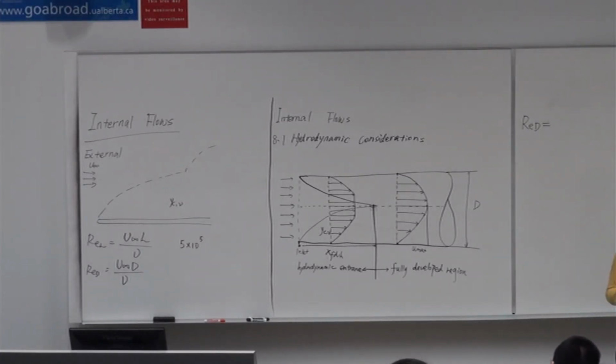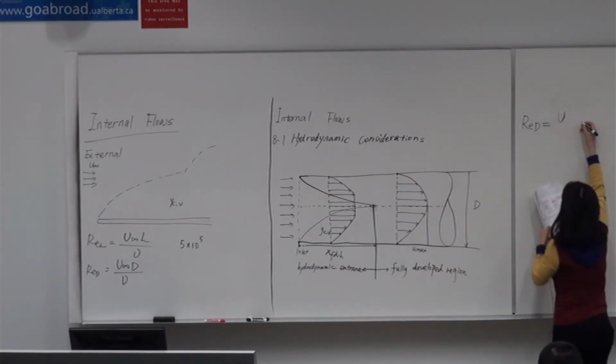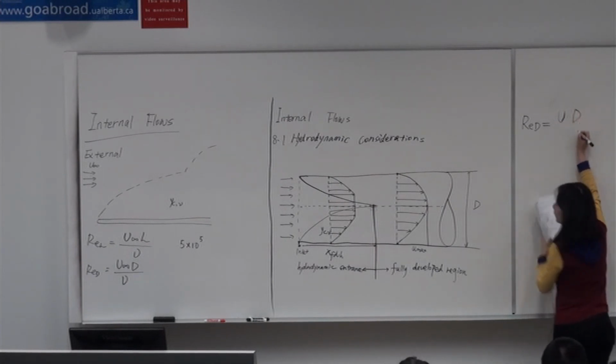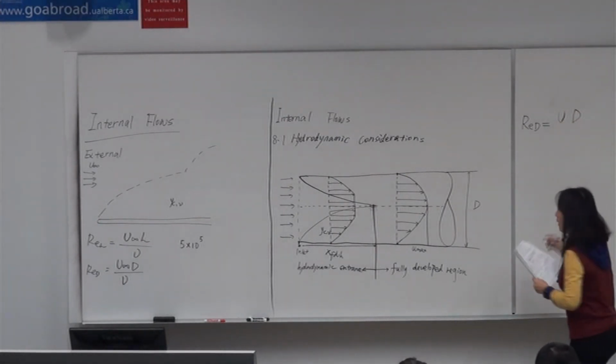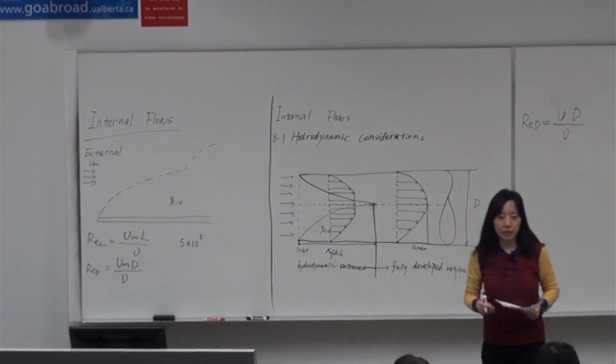Very similar to what we have in the external case. We will have some velocity here, based on the diameter as a characteristic length, over the kinematic viscosity of the fluid.